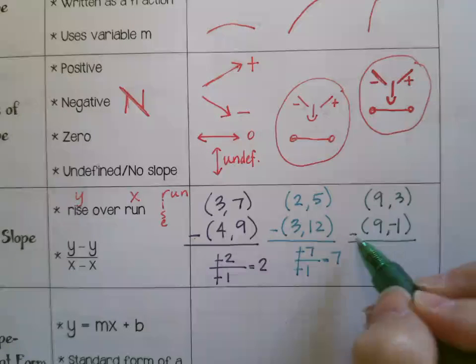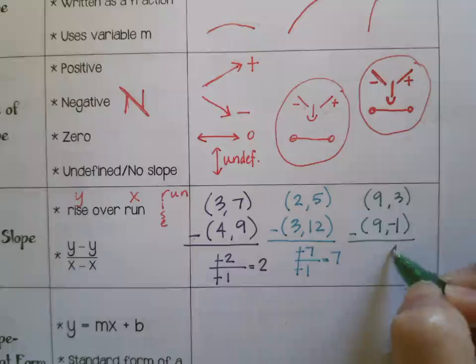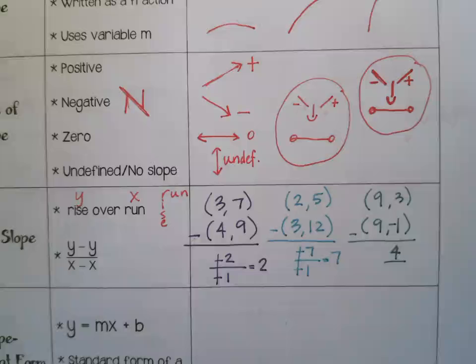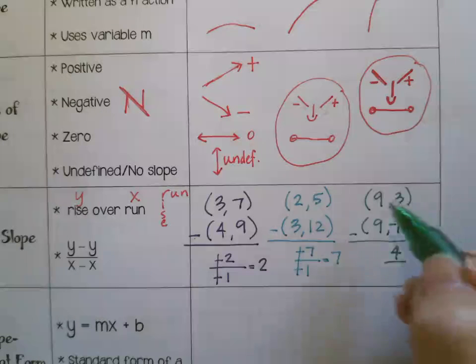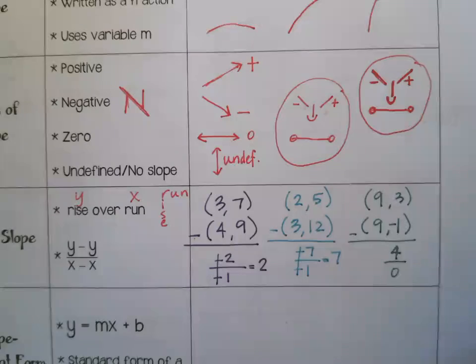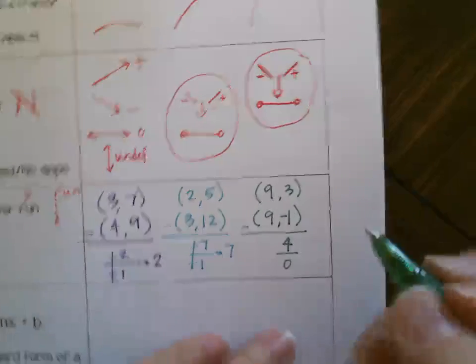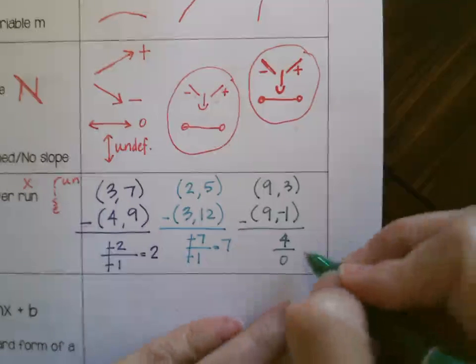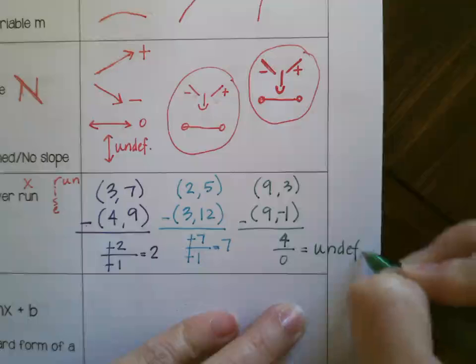So 3 minus -1 is 4. 3 minus negative means plus. 9 minus 9 is 0. And what I know about this is I can't divide by 0. 0 is not okay in the denominator, so this one is undefined.